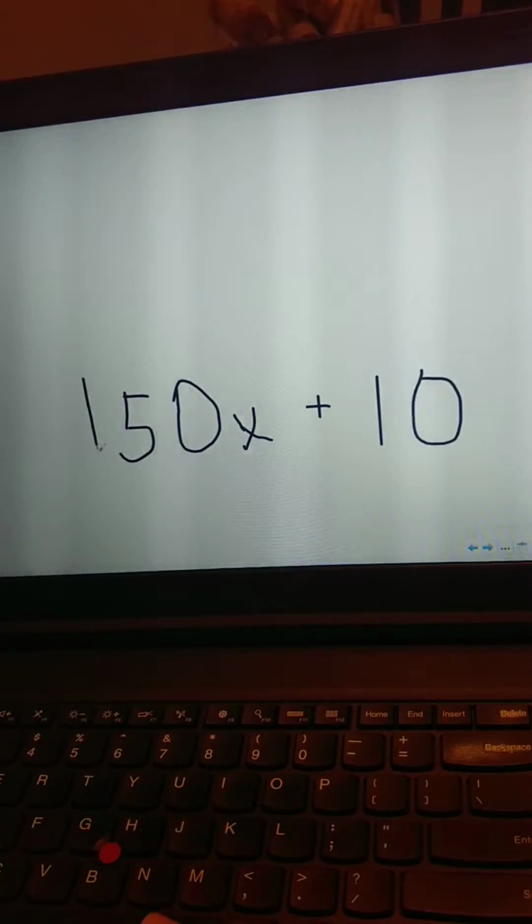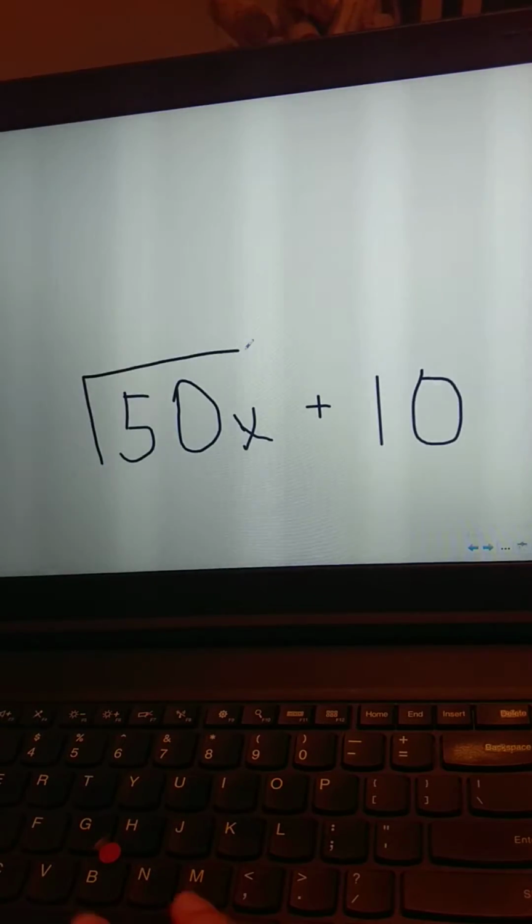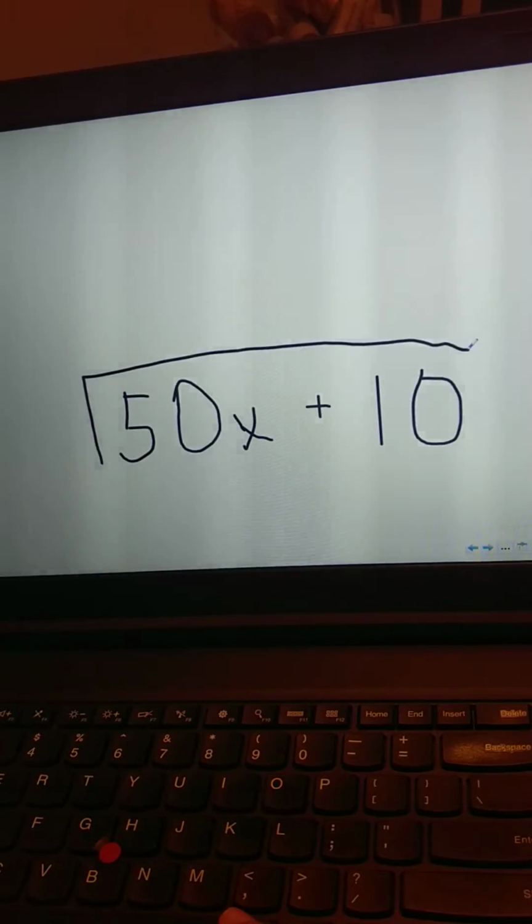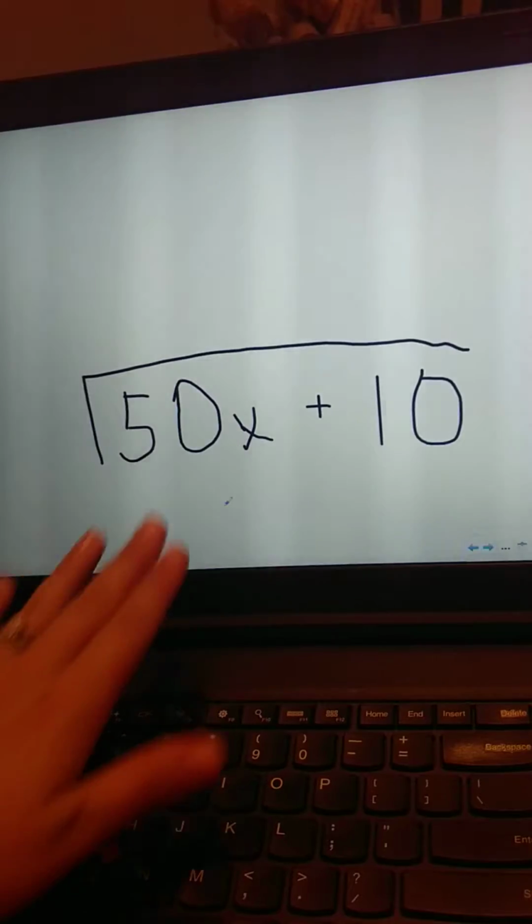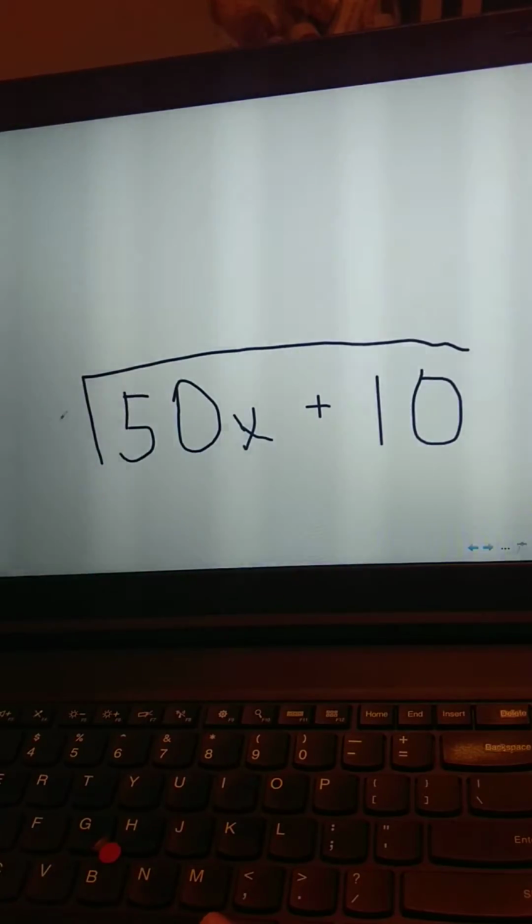But if they didn't notice that, I've seen this method where you would actually divide by any common factor. So maybe I noticed that they're both divisible by 5. So I could divide them by 5, be left with 10x plus 2.